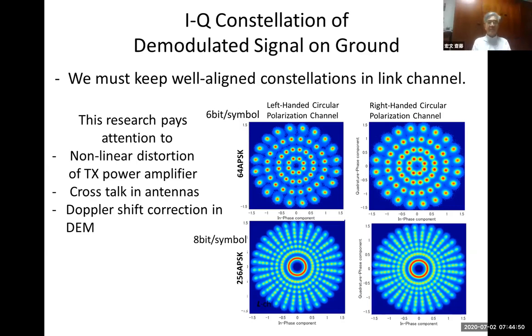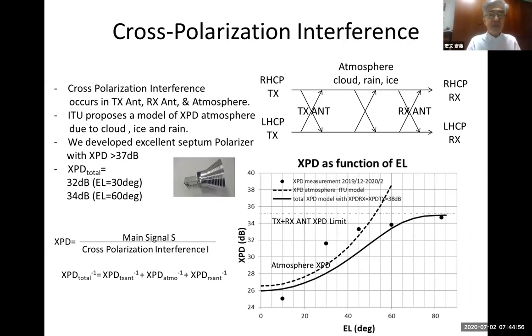And another point is our dual polarization channels. We utilize two polarization channels, but unfortunately there is cross polarization interference in the channel, at the transmitter antenna or in the atmosphere due to cloud, rain, and ice.